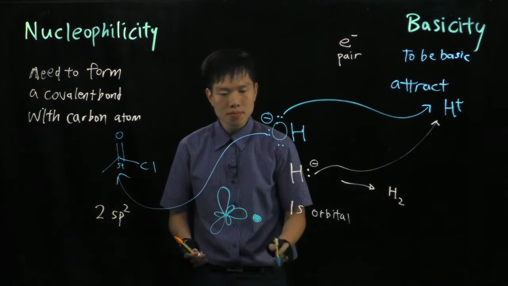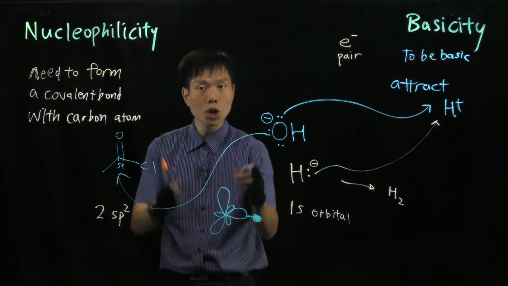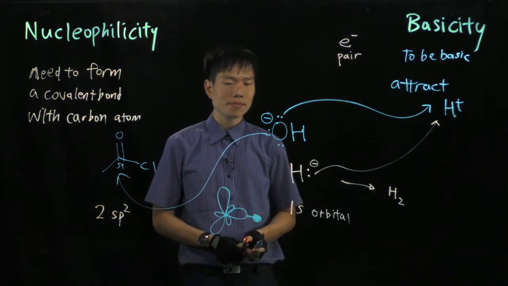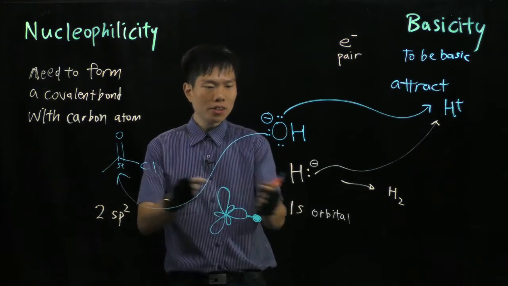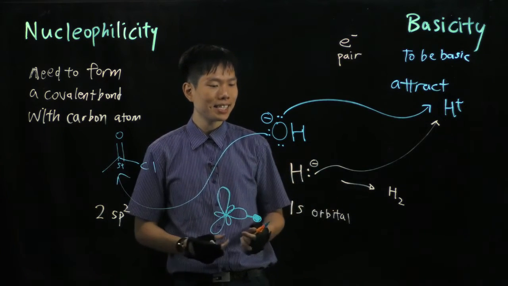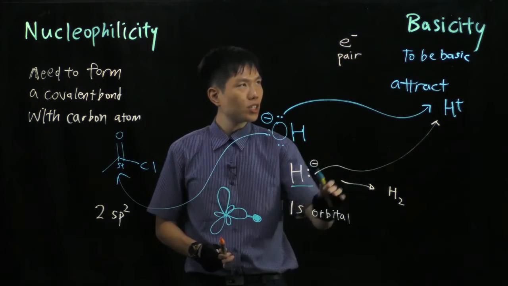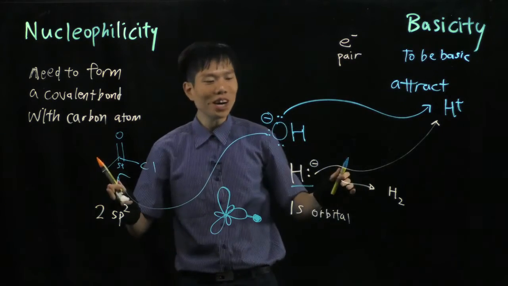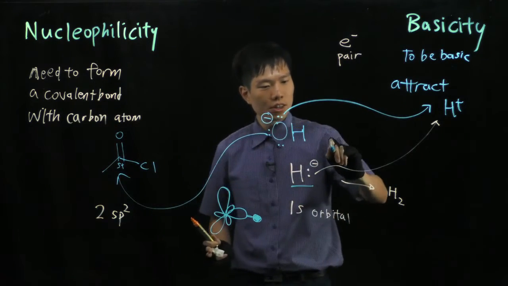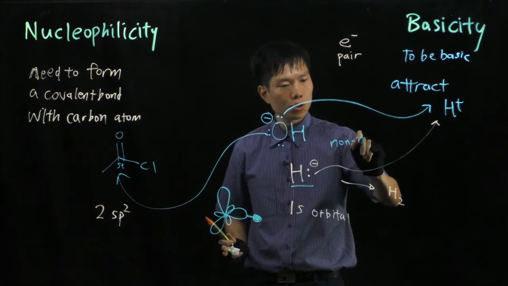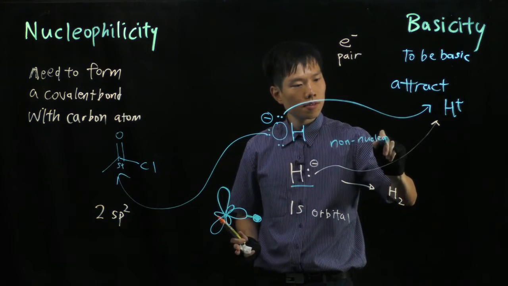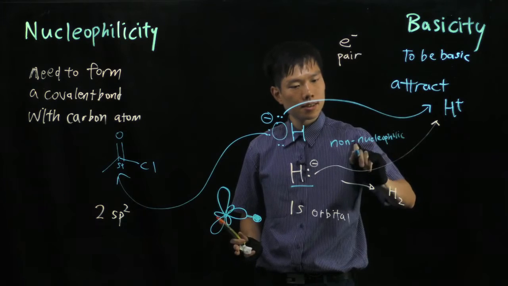All right. The overlap here is not efficient, which means that this bond, you can't really form it that easily. So a hydride is just a base, but it's not a nucleophile. So we call this a non-nucleophilic base.